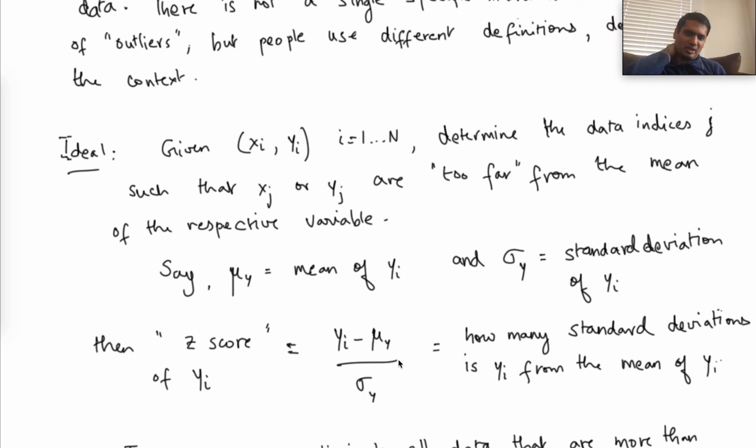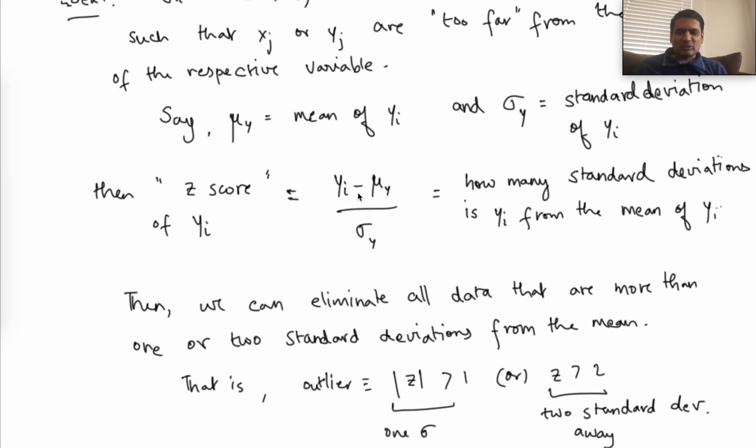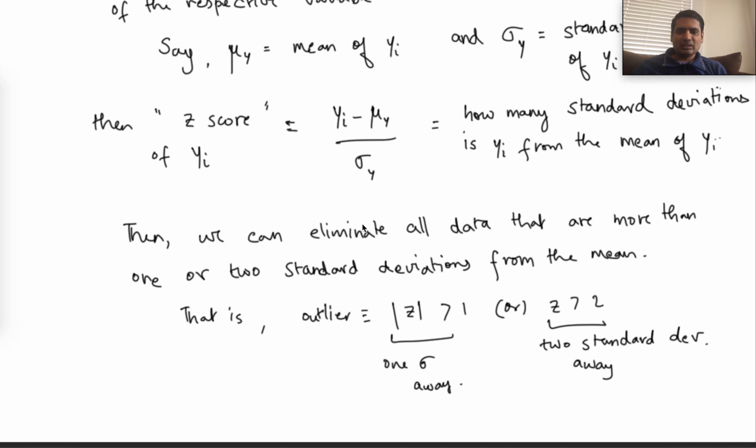So it is a measure of how many standard deviations yi is from the mean of all yi, okay? So how many standard deviations away from the mean is your data point? And you look at that value for each data point, and if it's too far away, then you call that an outlier. That's the basic idea. So it's kind of a normalized distance from the mean, okay? Normalized distance from the mean.